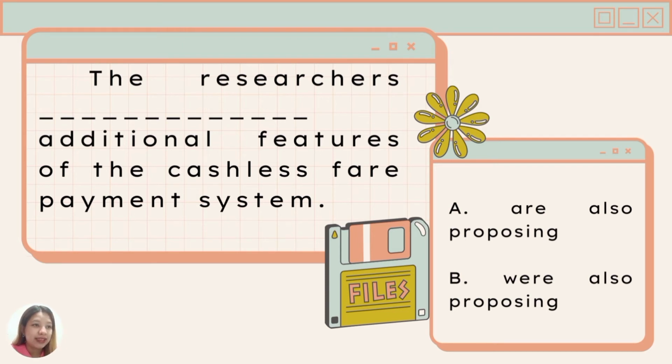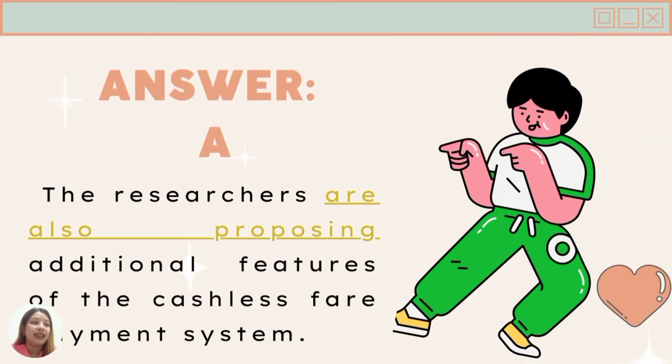A, are also proposing. B, were also proposing. Very good. The correct answer is letter A. The researchers are also proposing additional features of the cashless fare payment system.